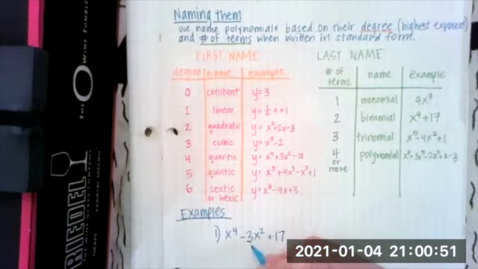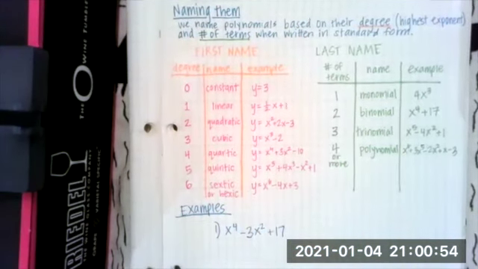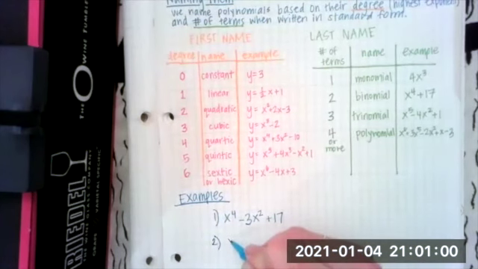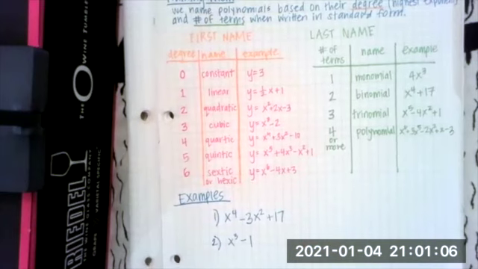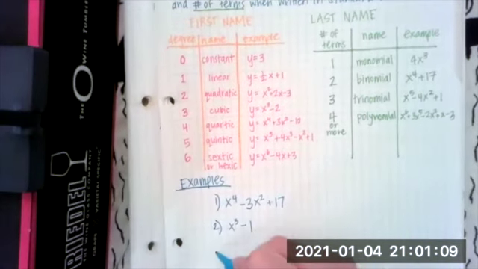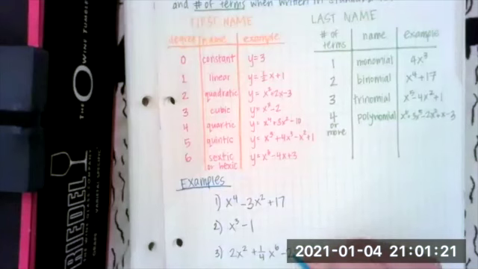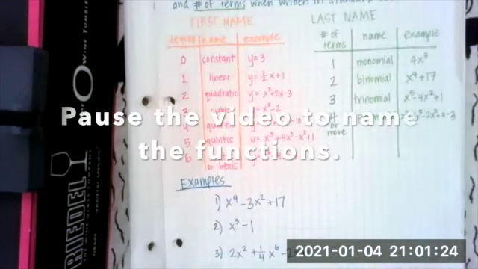Figure out how many terms it has, that's its last name. Write it down right next to the function. Function 2, or polynomial 2, x cubed minus 1. And finally, third example, 2x squared plus 1/4 x to the 6th minus 2x plus 1.